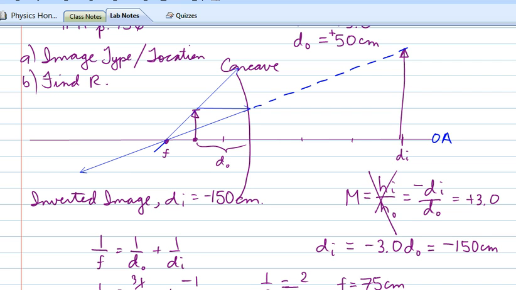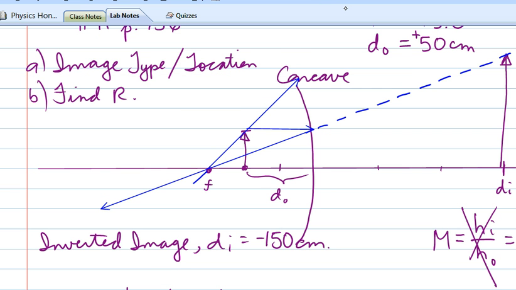Okay, and now it's probably not 100% accurate because in this diagram, when you get out at the edges of the mirror, kind of funky things happen, but you get the idea. This is going to reflect back parallel to the optic axis, so kind of like so, pretty close to that, and then we simply extend this reflected ray backwards.